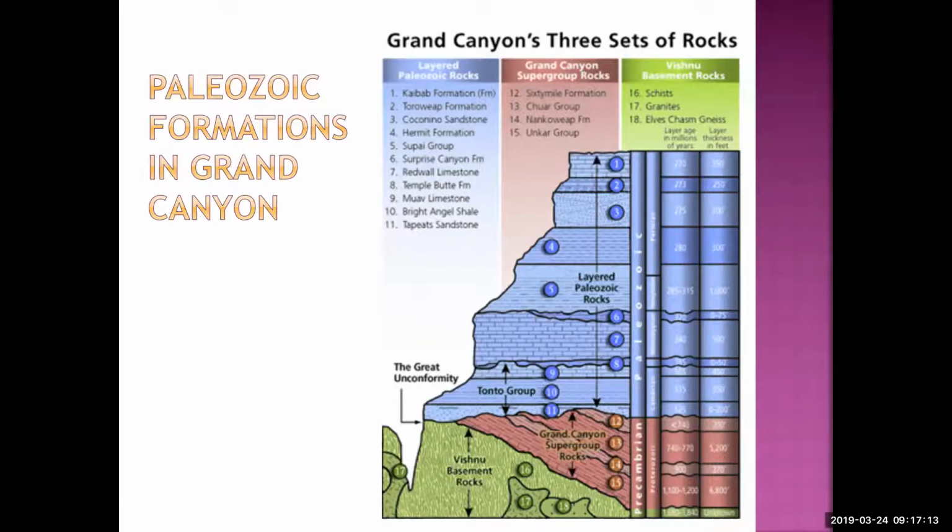And then here you have the Redwall limestone, which formed in the Carboniferous, as did the Mauv limestone. And then at the top you have the Permian. So scientists can see exactly what the topography was like at each period based on the fossils and geologic materials deposited.